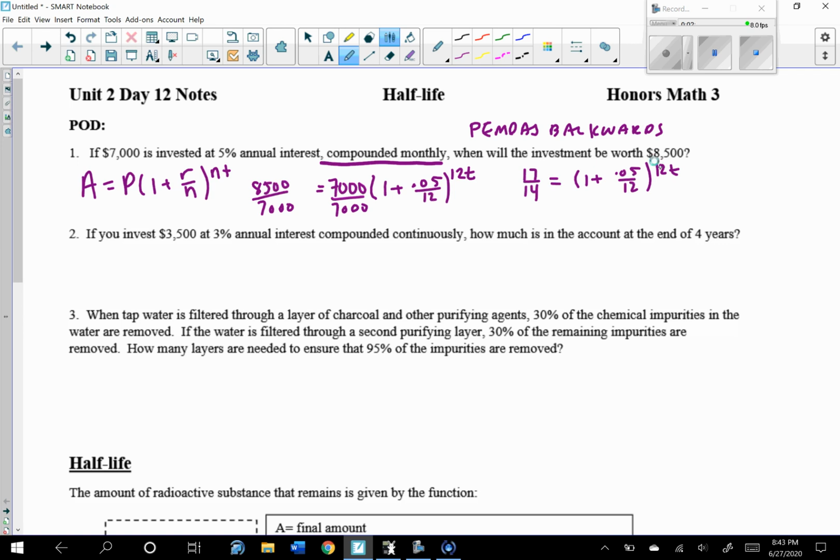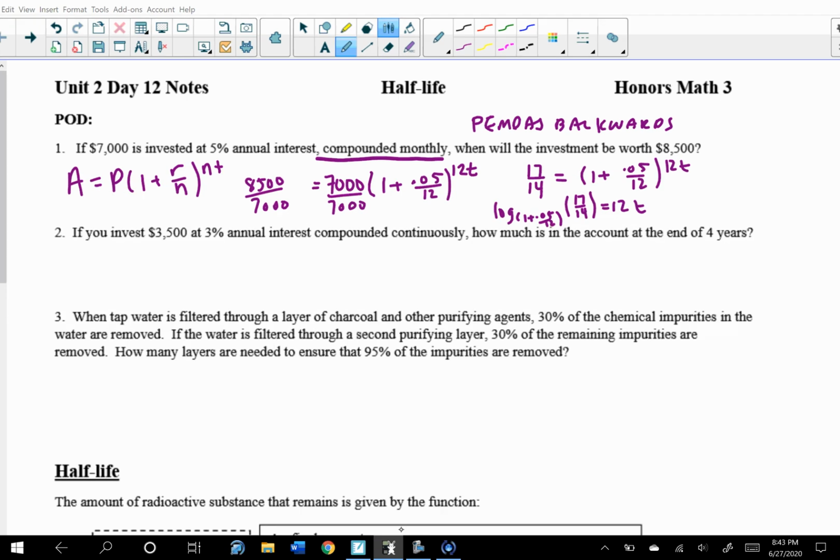So remember, in order to solve for variable exponents, how do we do that? We use logarithms. So this would be the log, and the base is 1 plus 0.05 divided by 12, and then the argument is 17 over 14, is equal to 12t, and then the last step would be to divide both sides by 12.